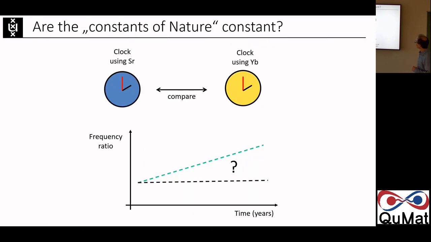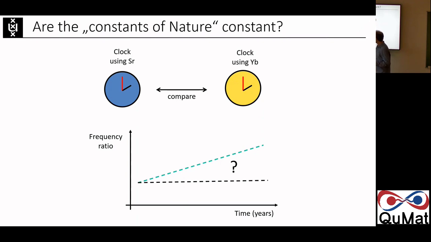Yeah. And we can also investigate more fundamental things. For example, are the constants of nature really constant? We don't know. How can we find out? We can build 2 of these optical clocks based on different chemical elements. And then we compare the frequency today. We get just a number. 2 frequencies divided by each other is just a number, a constant of nature.